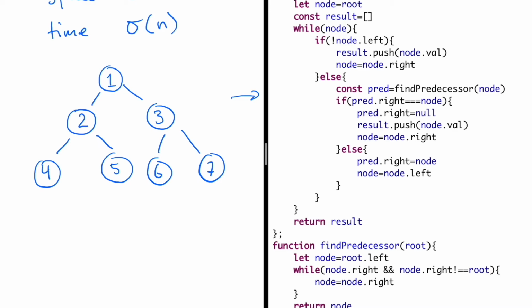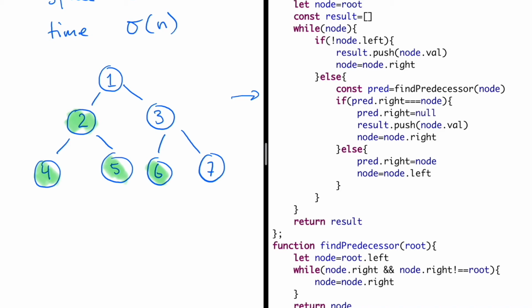Starting at node 1, the find predecessor function will visit node 2 and node 5. Starting at node 2, find predecessor function will visit node 4. For node 4 and node 5, since they don't have any children, the find predecessor function will return right away. For node 3, the find predecessor function will visit node 6, and for node 6 and 7, it will just return immediately.